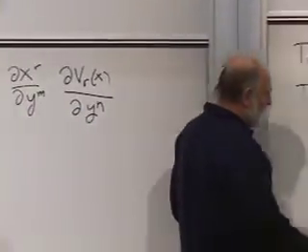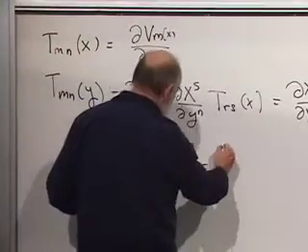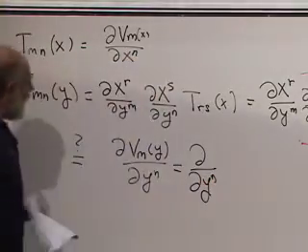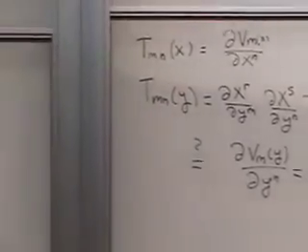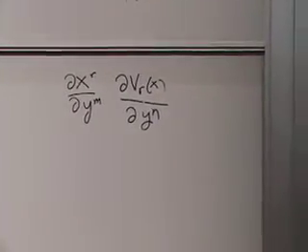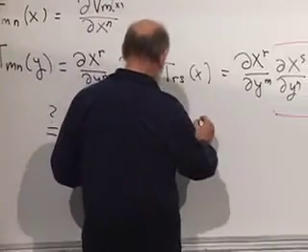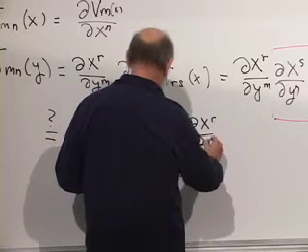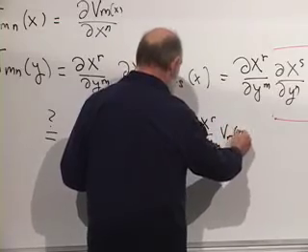That's easy to do. We just write that Vm of y, this is the derivative with respect to yn. And now, how do I write Vm of y in terms of x components? Well, I just write that Vm of y is the derivative of xr with respect to ym of Vr of x.